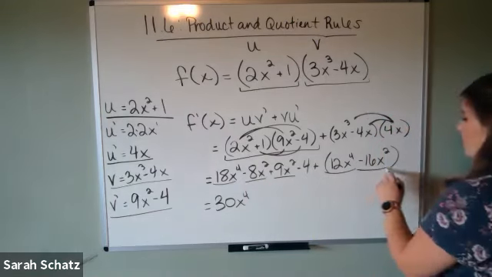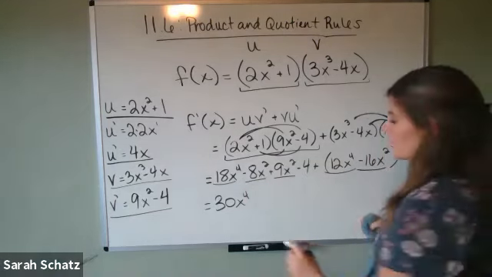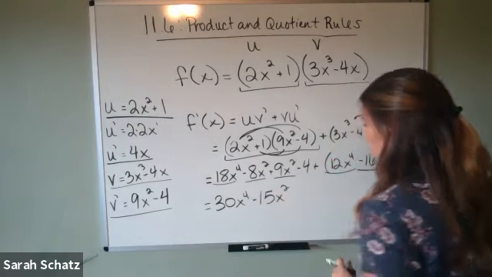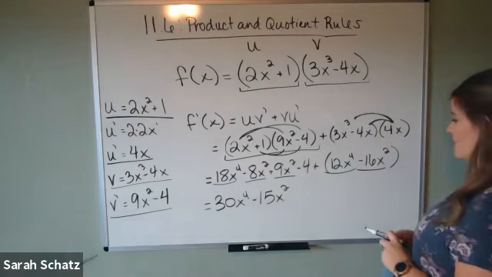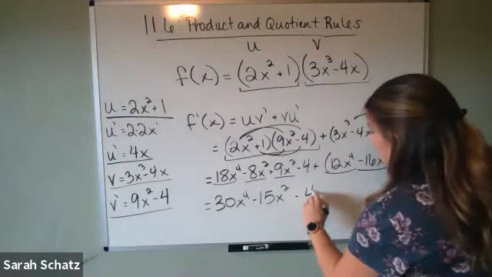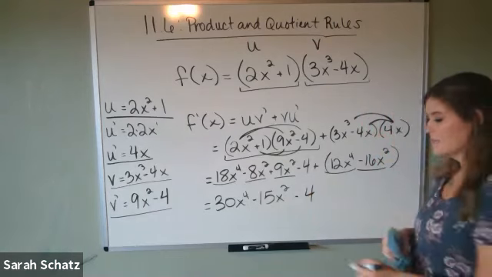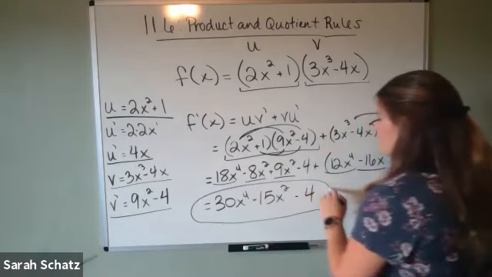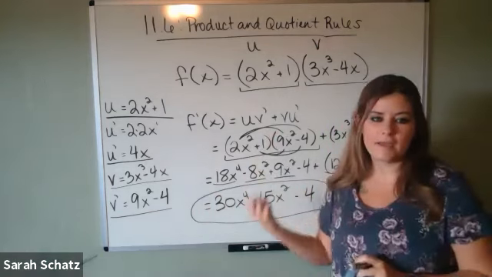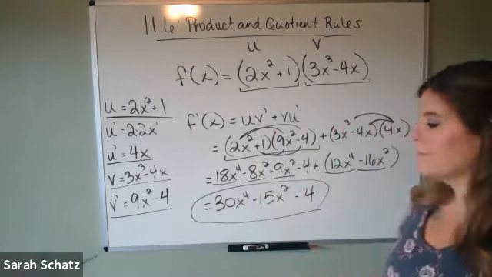And then -16x squared. So how about -15x squared? So I took care of the squareds. And it looks like all I have left is a -4. So there we are. You guys, this more than likely is what MATLAB wants as your answer. So I'll try to get in the habit of working all these out to the bottom.